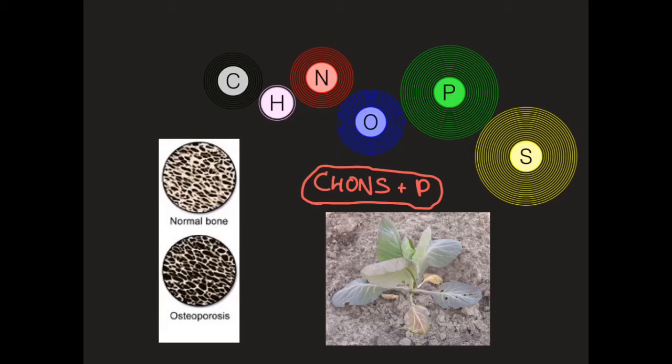So these are going to be the main elements you're going to find, and it's really amazing because these elements comprise almost all living organisms, whether they're as different as a bacteria found at the bottom of the ocean versus a human being who lives on land. These elements are critical for all life, regardless of what you are. And so that's why I think it's really important to know what they are.